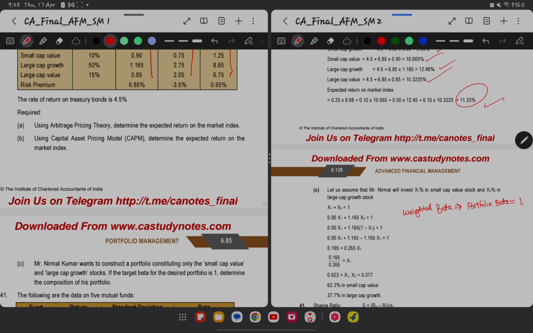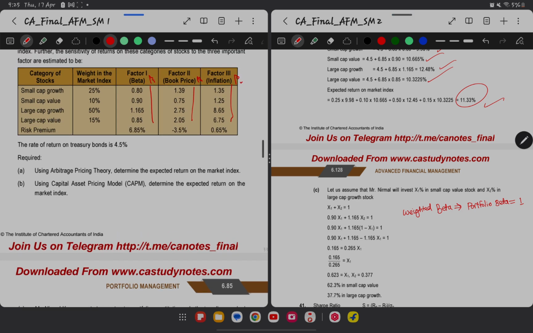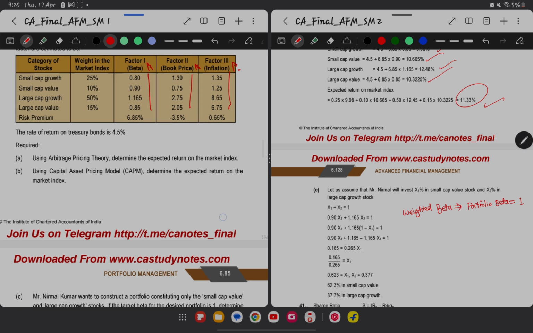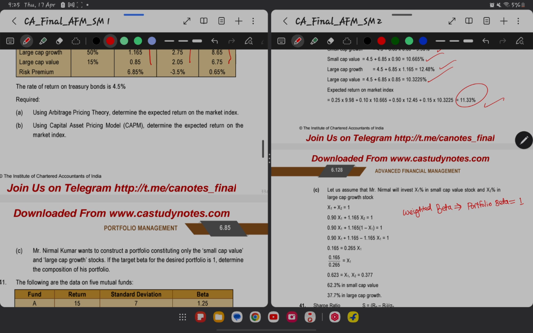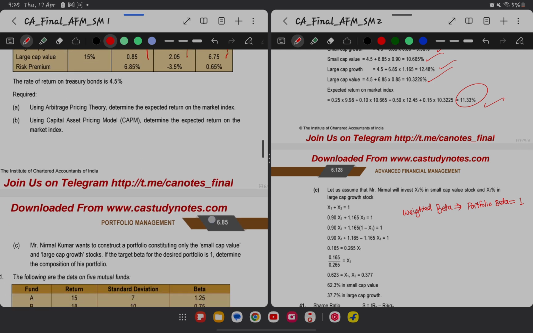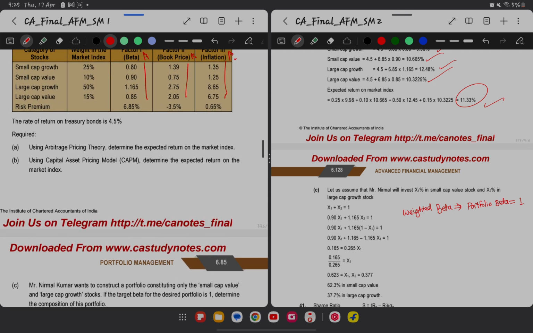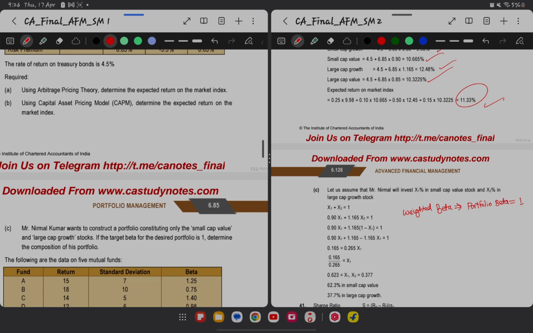Now, as we know, only small cap value and large cap growth are involved. So whatever the betas are for small cap value and large cap growth, which is nothing but 0.9 and 1.165, multiplying with the weight will give us the total portfolio beta, and they told us to keep the target beta as 1.